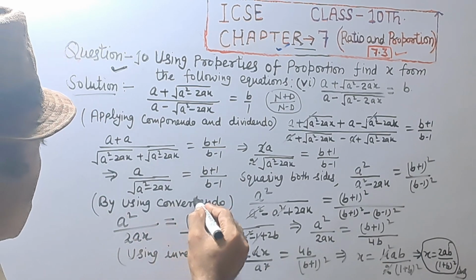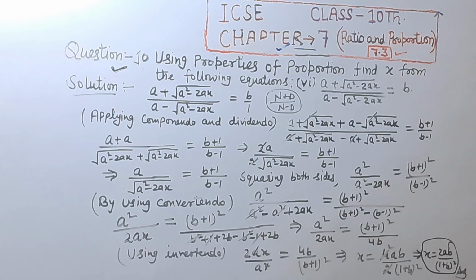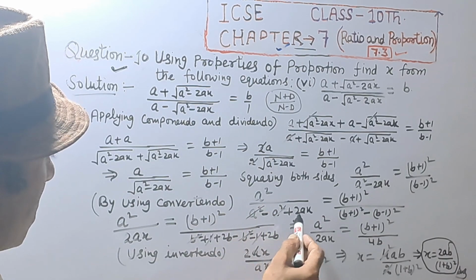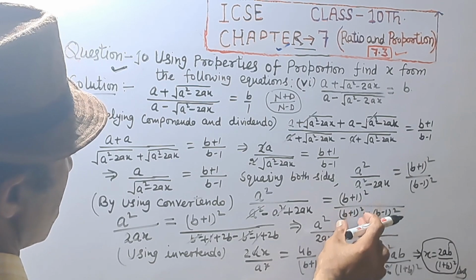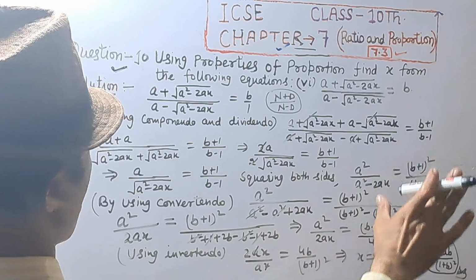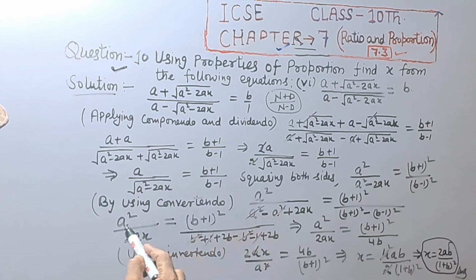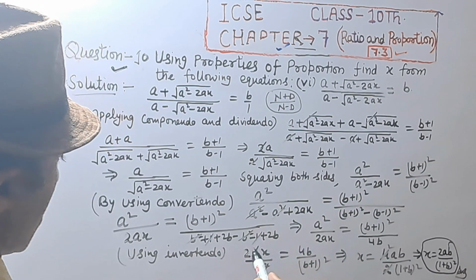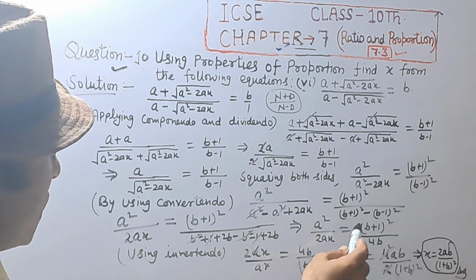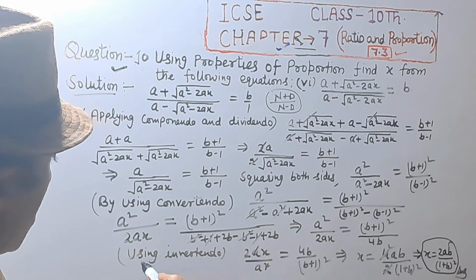By using convertendo rule, we get a² upon a² − a² + 2ax is equal to (b + 1)² upon (b + 1)² − (b − 1)². That is a² upon 2ax, a² is cancelled, is equal to (b + 1)² upon b² + 1 + 2b − b² − 1 + 2b. 2b plus 2b is equal to 4b, and a² upon 2ax is equal to (b + 1)² upon 4b.